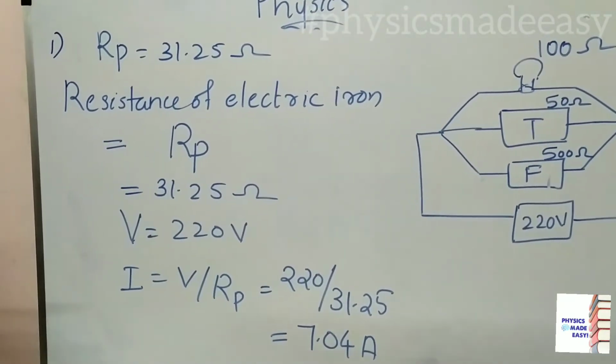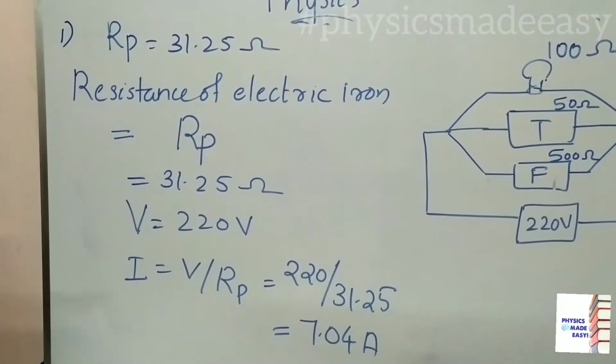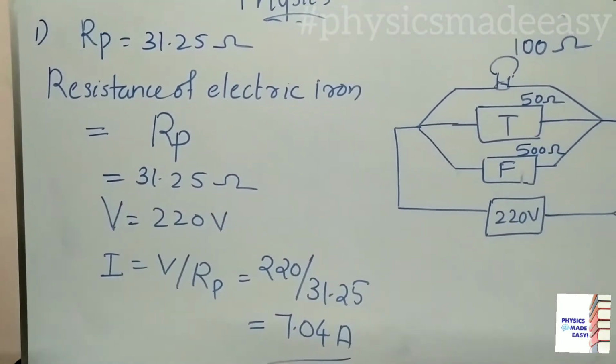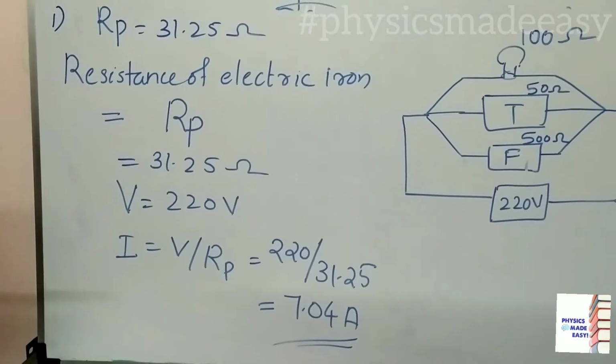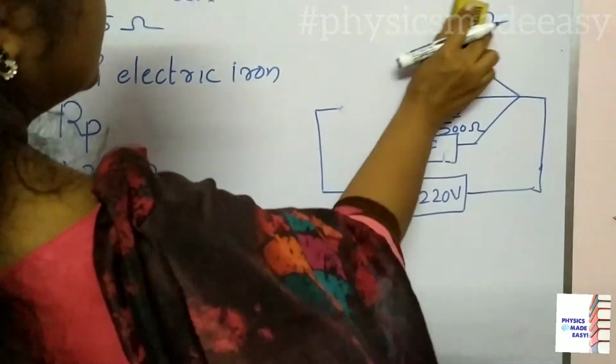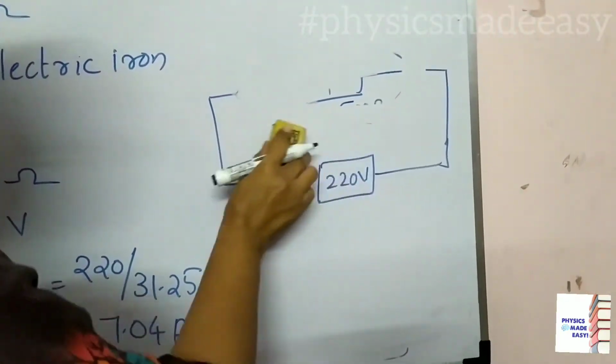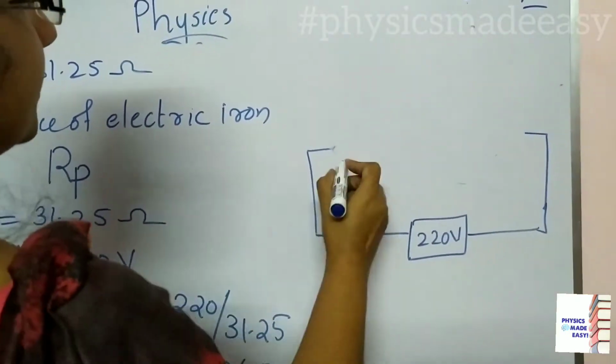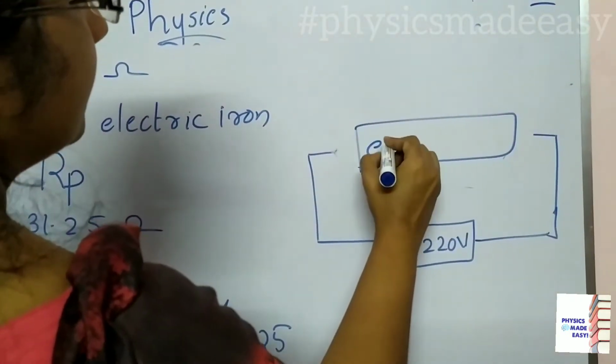Why? Because it is given that the total current passing in this circuit will be equal to the current passing through the electric iron. So you have to think like this: this parallel combination is replaced by that electric iron.